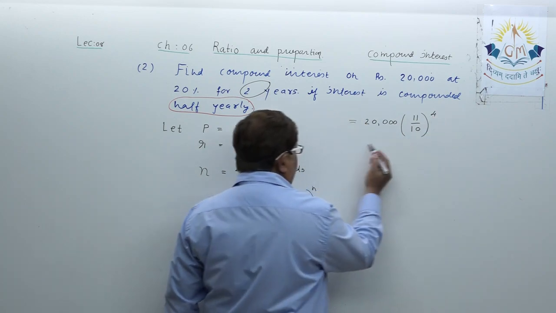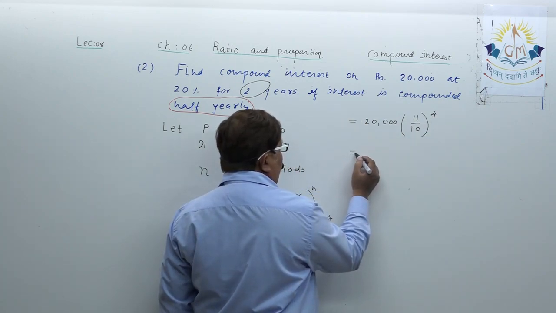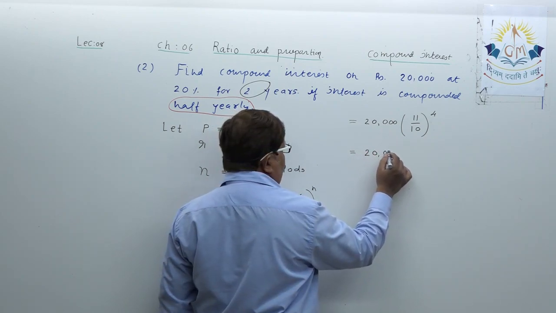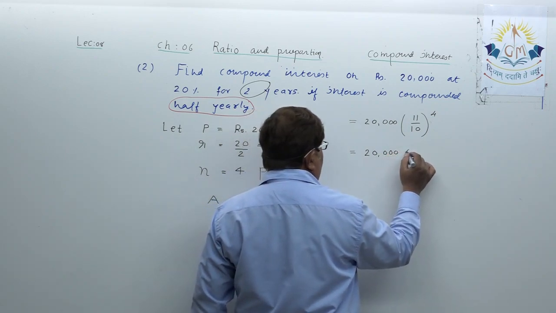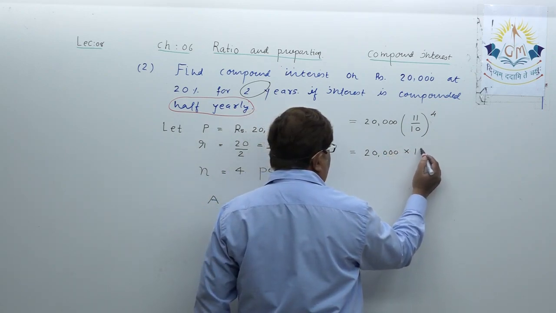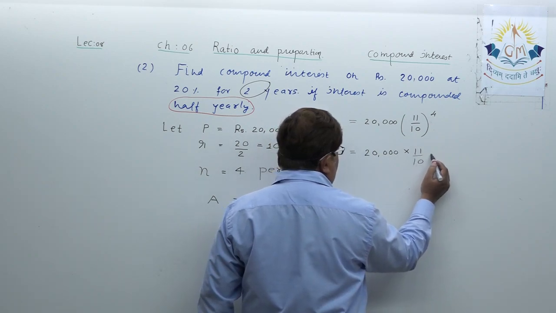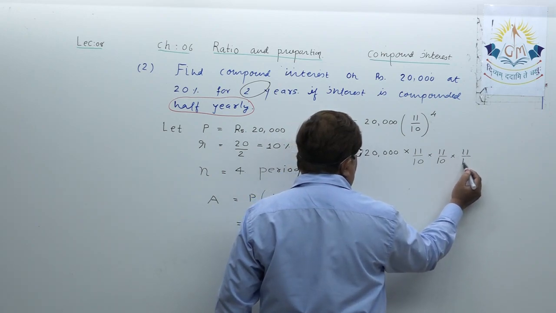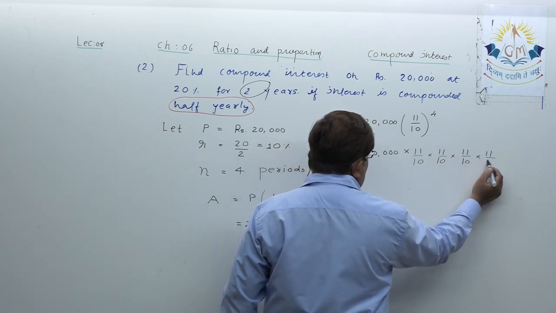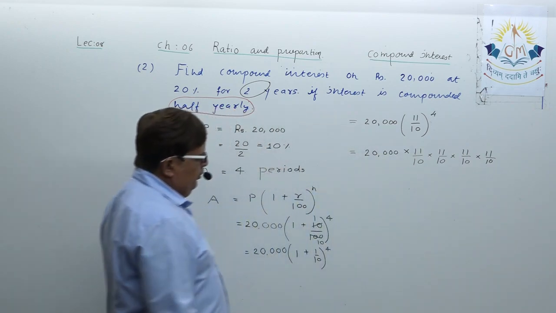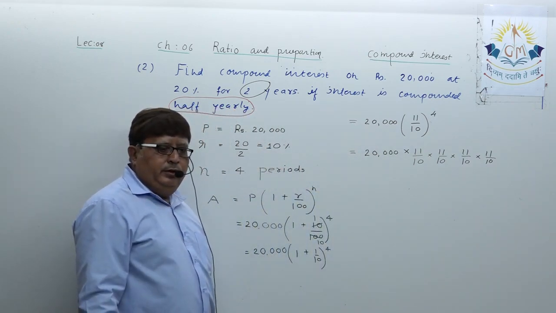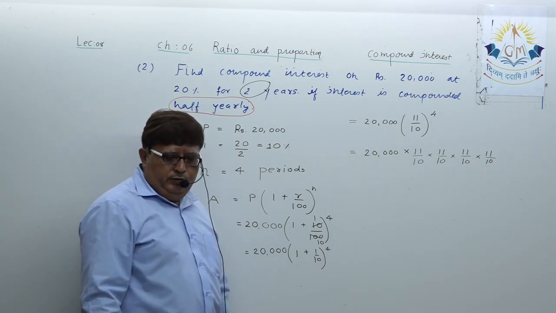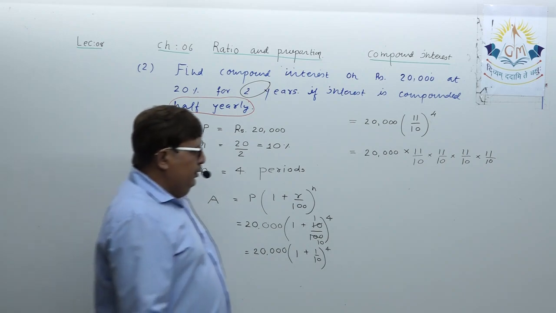Okay. Because 4 power appears here, you will multiply 11 upon 10, 4 times, because the power appearing here is 4.